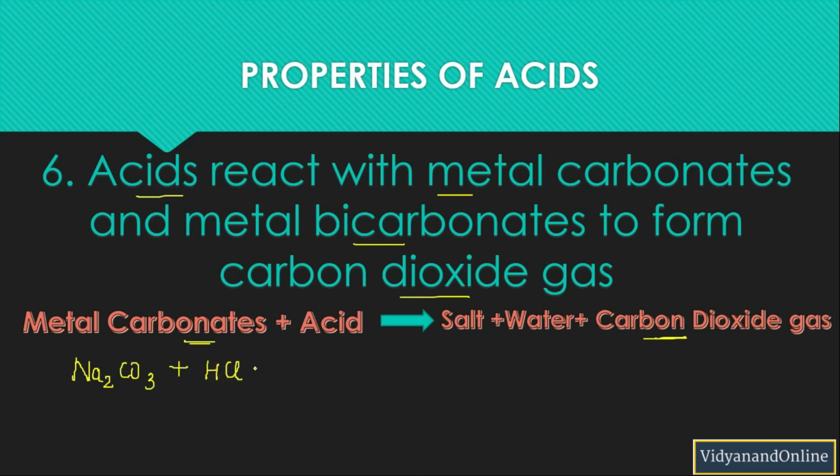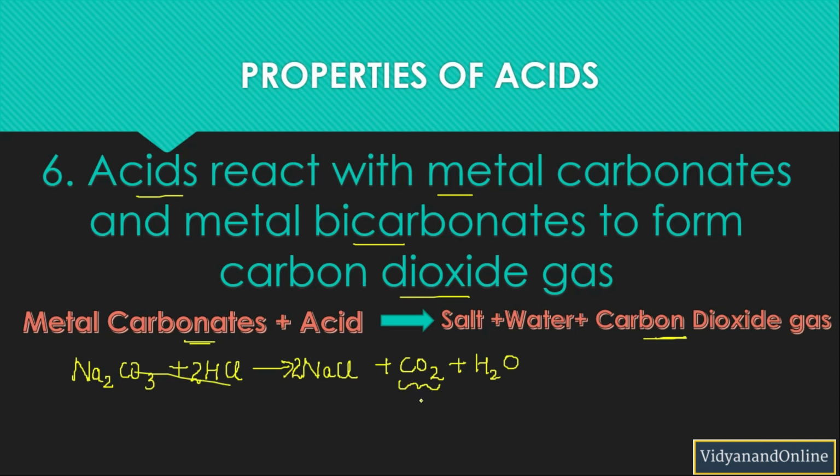So first of all, write carbon dioxide here, because carbon dioxide will form. Then you need to write which salt will be formed. So Na will combine with Cl and form NaCl, along with the formation of water. Now let us see if this is balanced. Na is 2 here, so I need to put 2 here. Now Cl has become 2, so I need to put 2 here in order to balance. If you see, the equation is balanced.